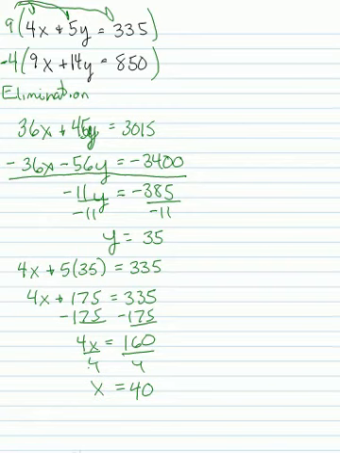I'm going to subtract 938 from both sides to cancel those out. And I'll have minus 56 over 5x equals, and now we take 850 minus 938, and we get negative 88.